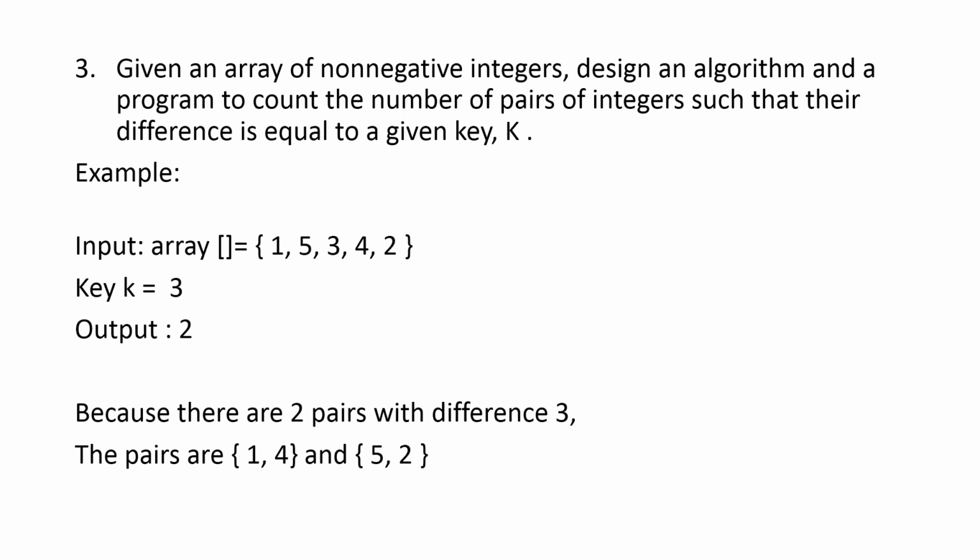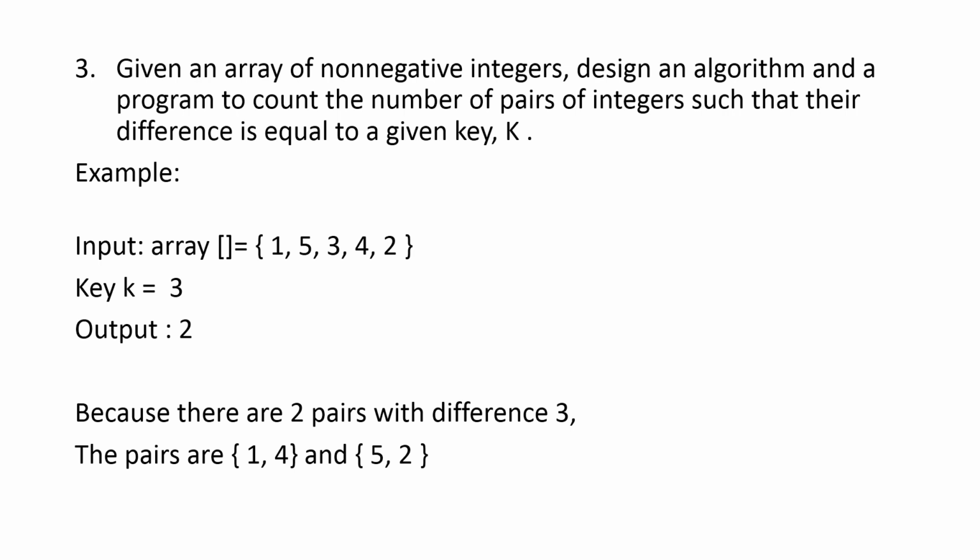First of all, you can set the count value as 0, and then consider all the pairs one by one and check their difference. If the difference is equal to the given key, then the count value increments by 1, and so on. So in this program you require two loops, the outer loop and the inner loop.